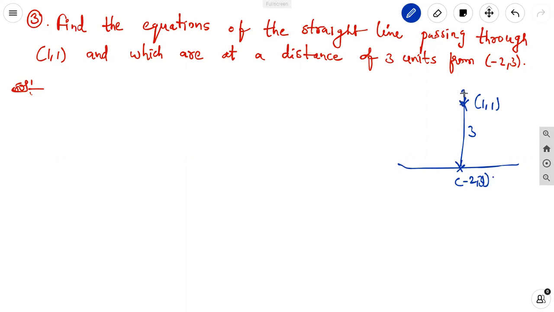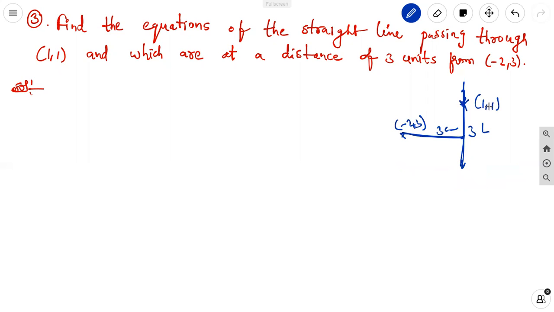The line equation L1 is perpendicular to another line L2 which is at a distance of 3 units from the point minus 2 comma 3. That line's distance is 3 units. Okay, that is the relation.